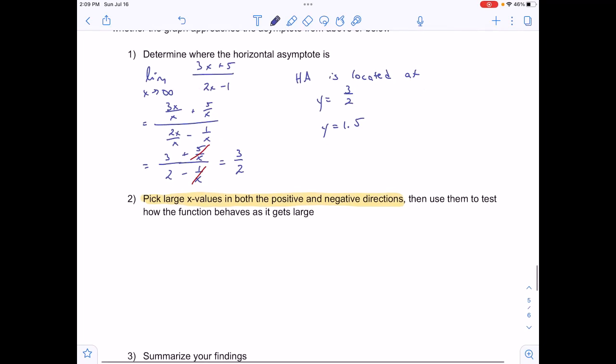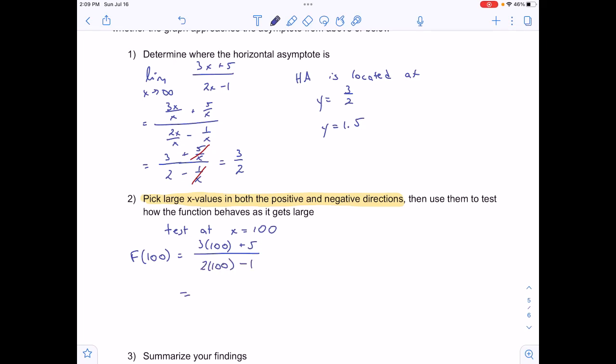Okay, so I'm going to test at x is equal to 100. What is my function at 100? 3 times 100 plus 5 divided by 2 times 100 minus 1.